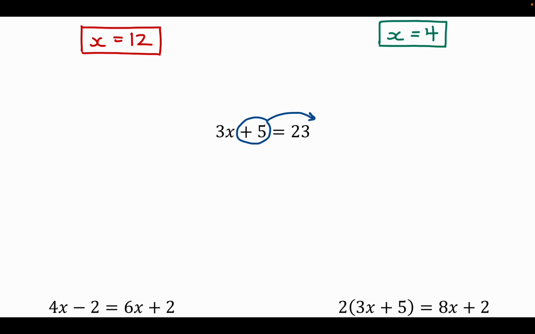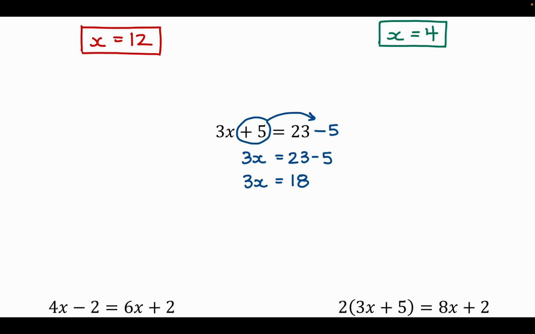As it crosses the equal sign, it becomes the opposite operation. So this becomes minus 5. So we're left with something that looks like 3x equals 23 minus 5. And so I'm just going to rewrite this and finish up that subtraction. So we have 3x is equal to 18. And now we're going to deal with getting x all by itself.